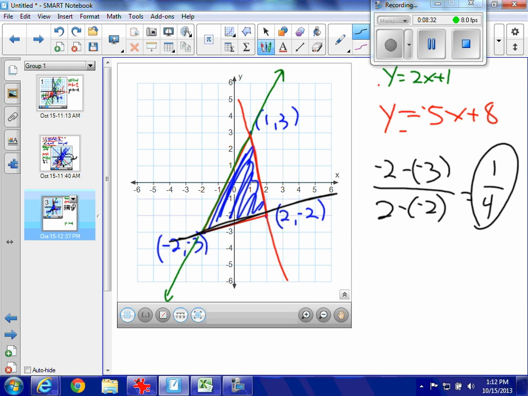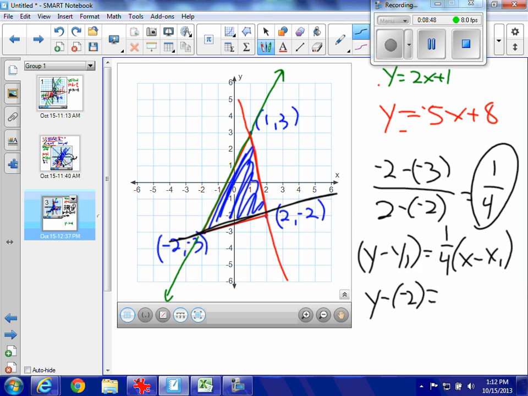And I have y minus y1 is equal to 1/4 times x minus x1. So y minus negative 2 is equal to 1/4 x minus 2, minus regular 2, not minus 2.